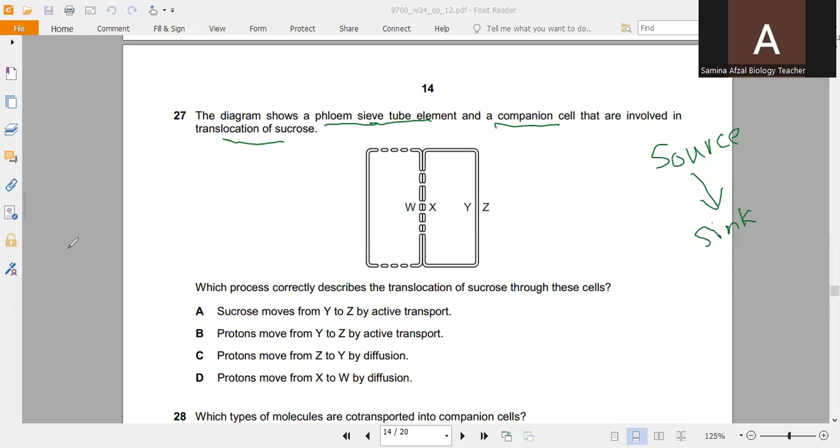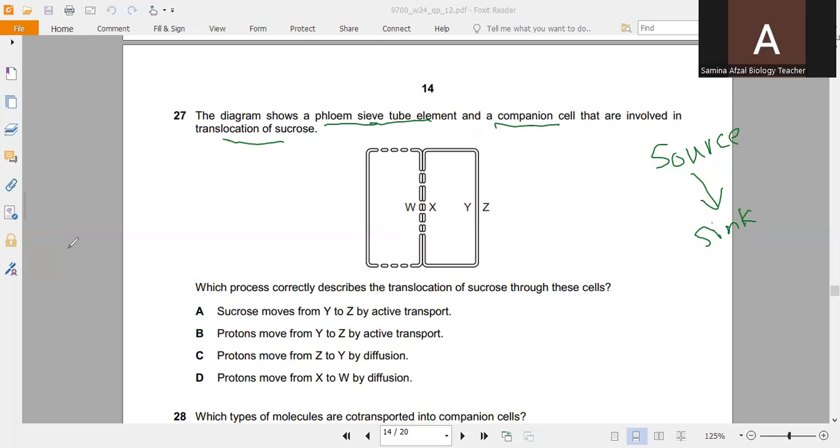So active transport is the movement of molecules against a concentration gradient by using energy, and diffusion is the movement of molecules from a region of higher concentration towards a region of lower concentration. So in this way, these are the different processes involved in the translocation of sucrose.